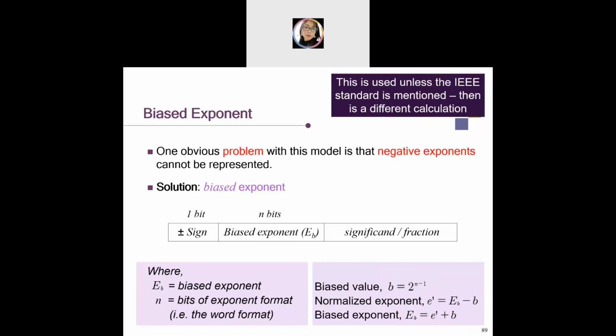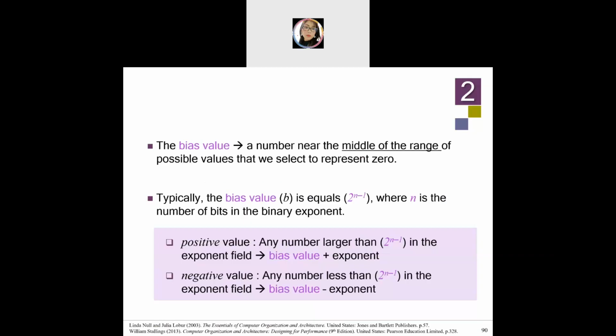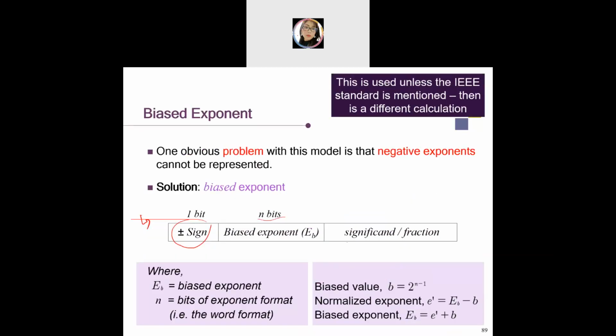The format when you are applying the bias solution is similar: 1 bit for the sign, then n bits for the exponent, which you will be given later on, and also the significand or mantissa. The format is slightly different from the previous one. Only when you want to apply this biased exponent, you need to use the following equations. First of all, you need to know the symbols.